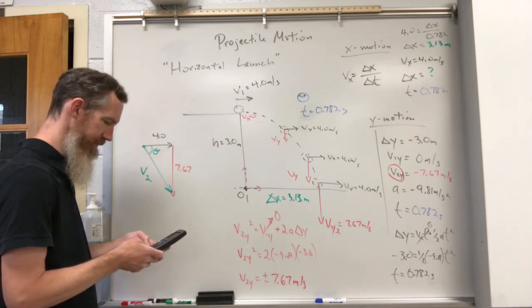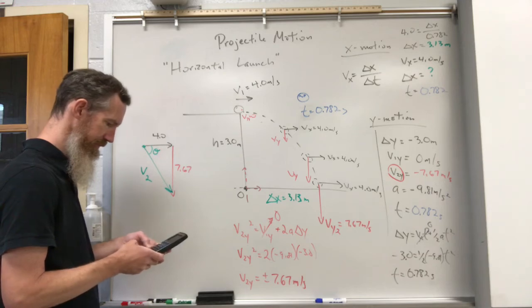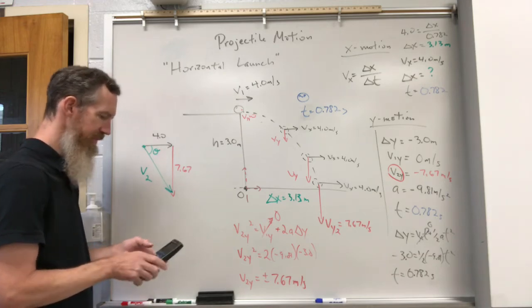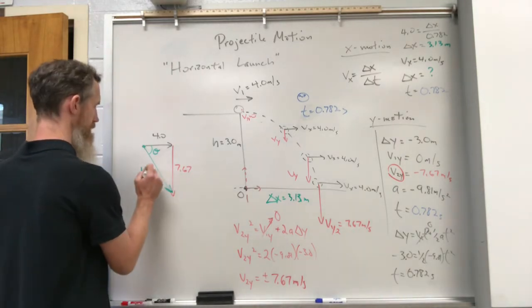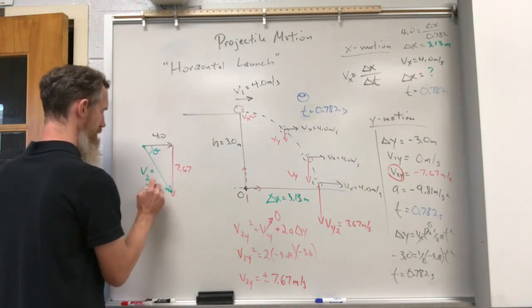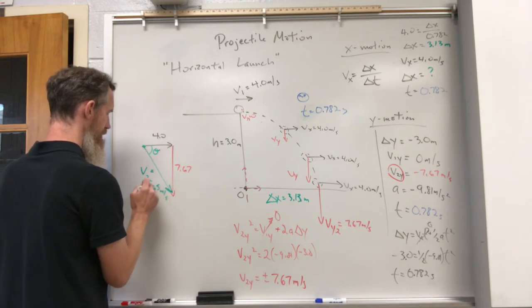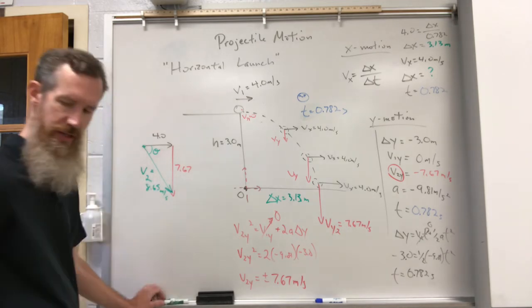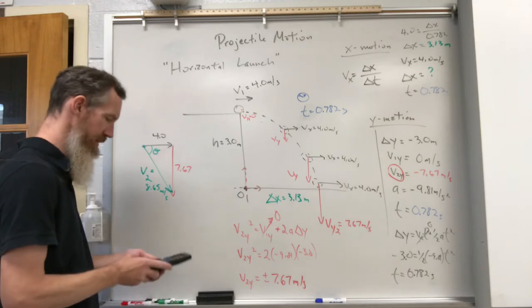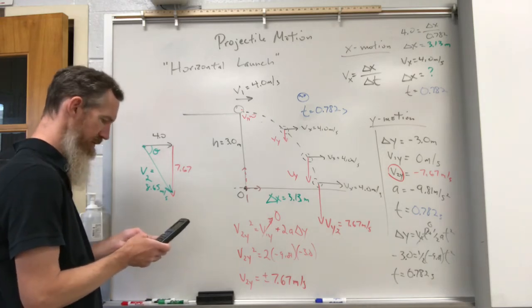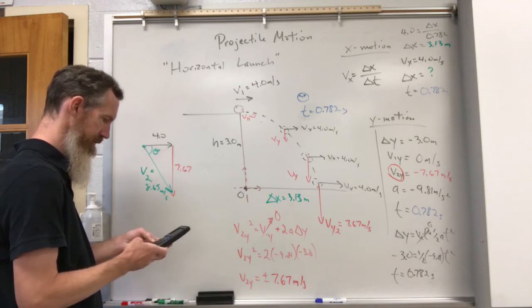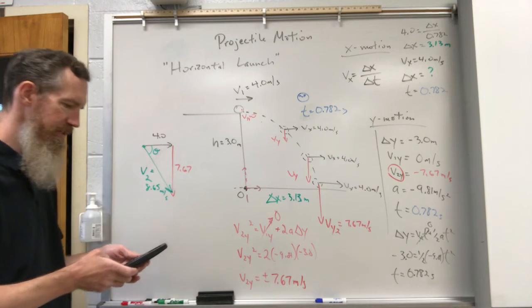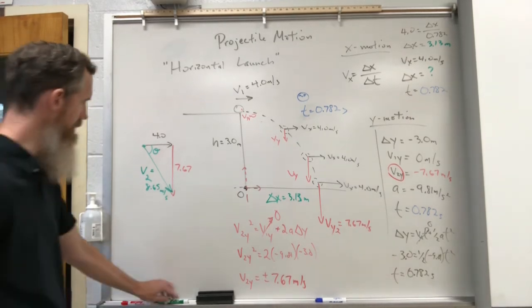Try this again, hold on. 8.65 meters per second. I still have to find an angle, and you should probably employ a tangent to do that. And you'll get an angle of 62.5. It's a little rounded, but that's okay.